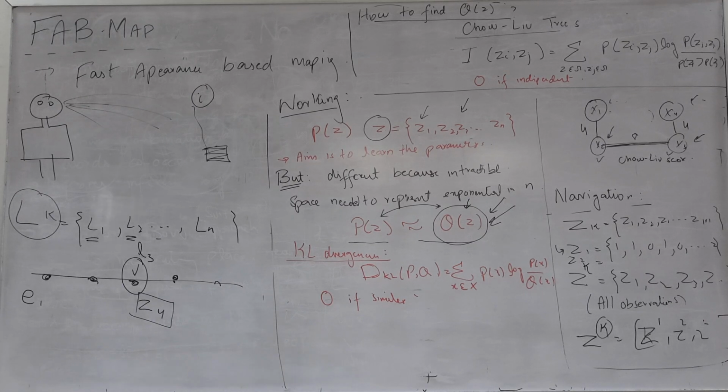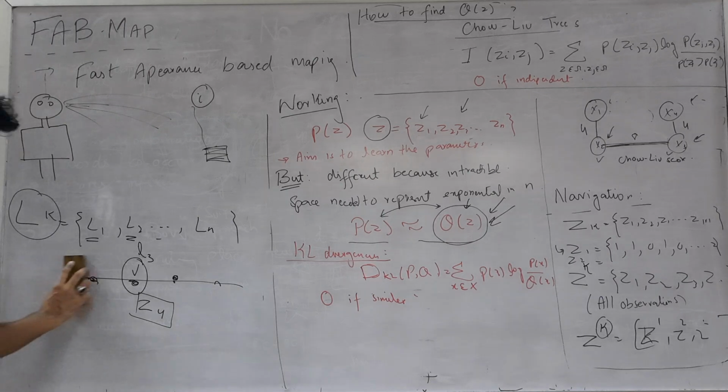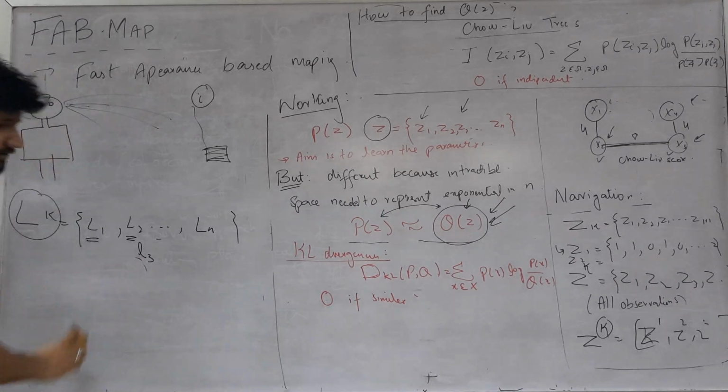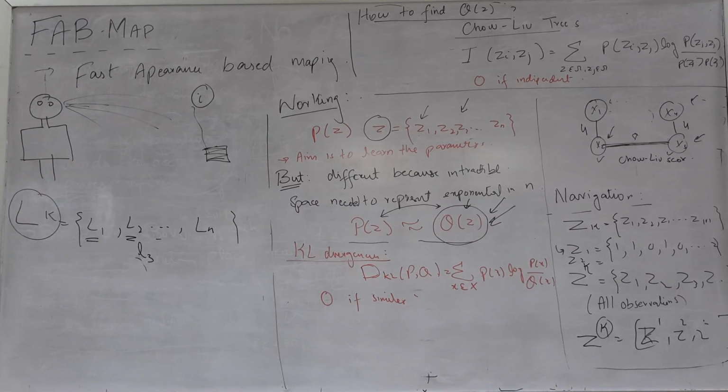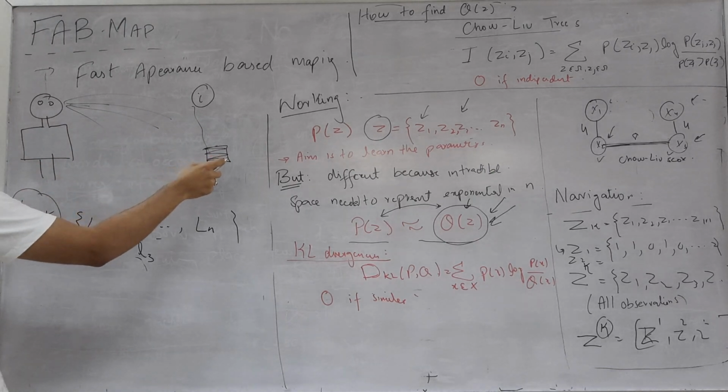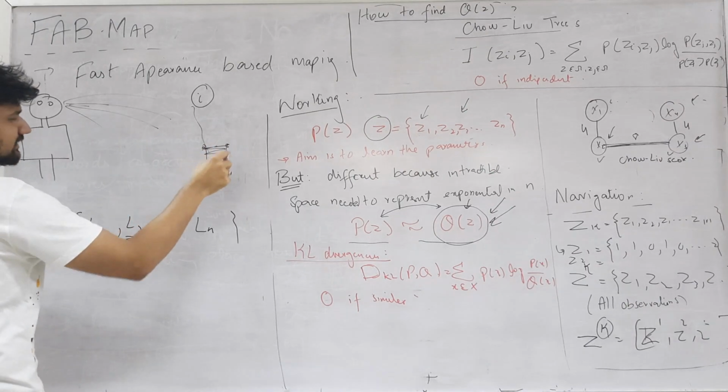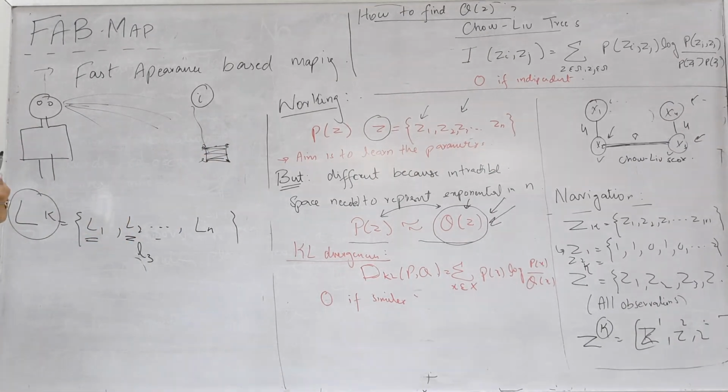Now the good thing about FABMAP is, as I said, it is not only saving the features, but it is keeping track of which features are occurring together. For example, it observed this brick on its path. Let's say it observed 4 corners of the brick.